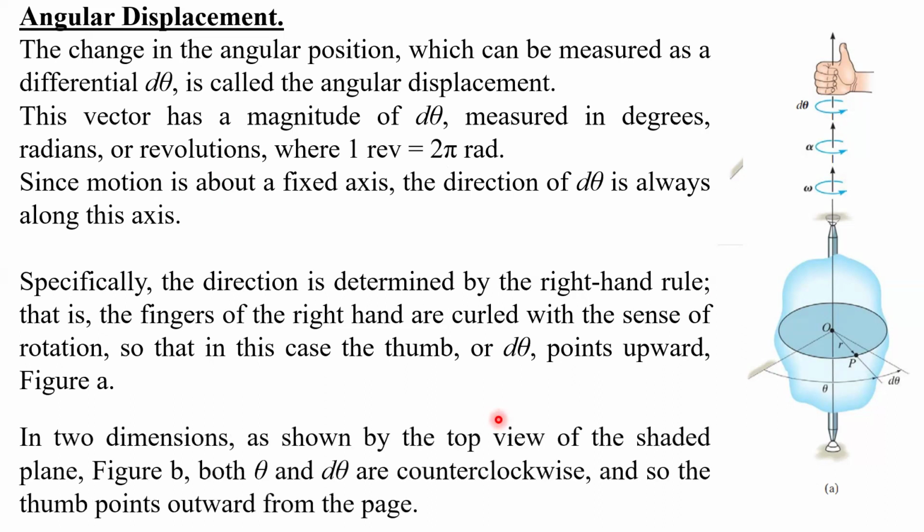In two dimensions, as shown in the top view of the shaded plane, both θ and dθ are counterclockwise, or anticlockwise. And so the thumb points outward from the page, because we're looking at the page.